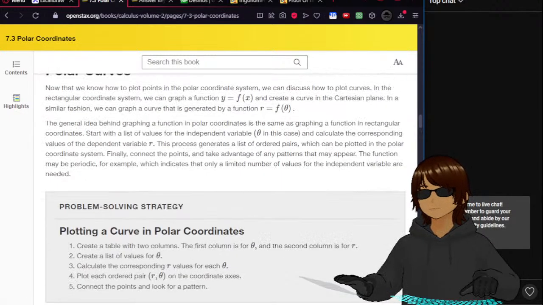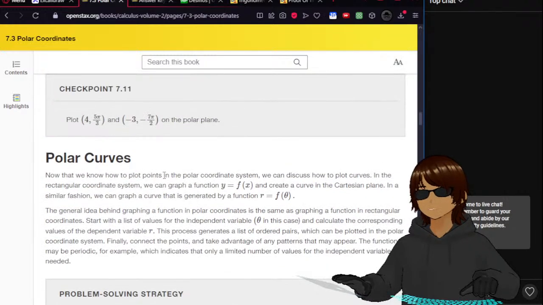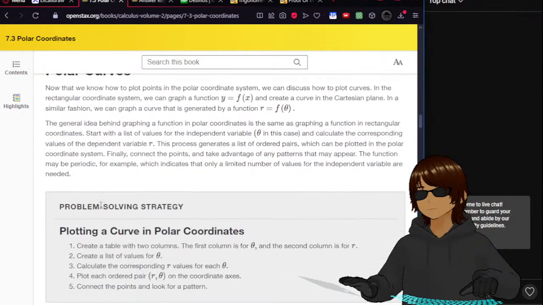Okay. Polar curves. Now that we know how to plot points in the polar coordinate system, we can discuss how to plot curves. In the rectangular coordinate system, we can graph a function y equal to f of x and create a curve in the Cartesian plane. In a similar fashion, we can graph a curve that is generated by a function r equal to f of theta. The general idea behind graphing a function in polar coordinates is the same as graphing a function in rectangular coordinates.